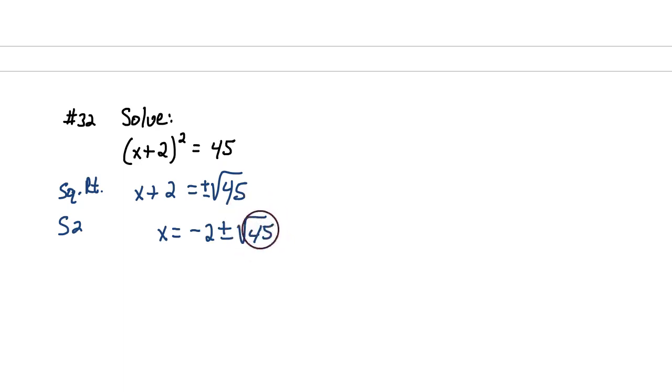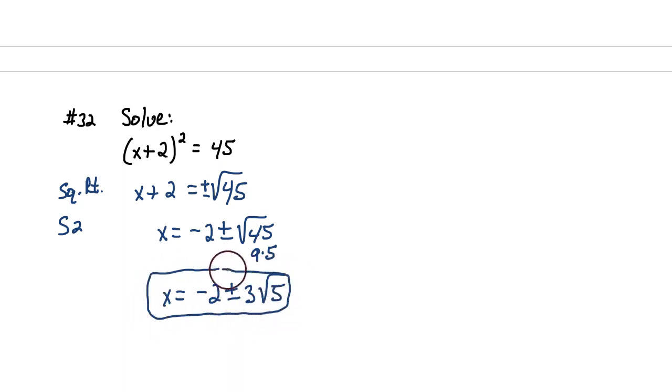Now the square root of 45 can be simplified a little bit because 45 factors as 9 times 5, and you can find the square root of 9. So we get negative 2 plus or minus 3 square root of 5. Here are both answers written together with a plus minus sign. If you want, you can separate those into the two answers.